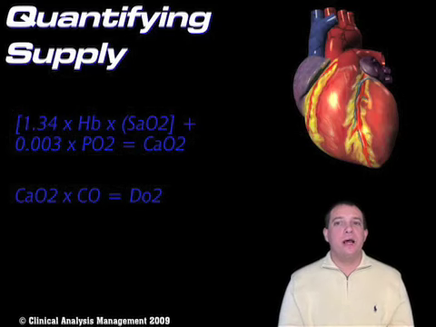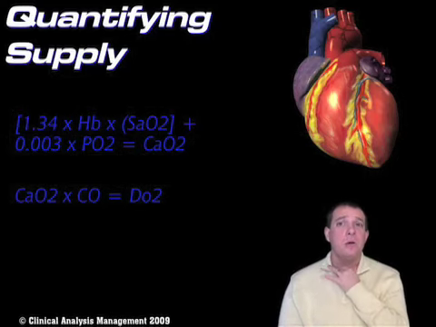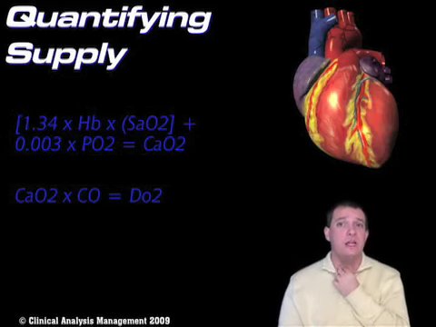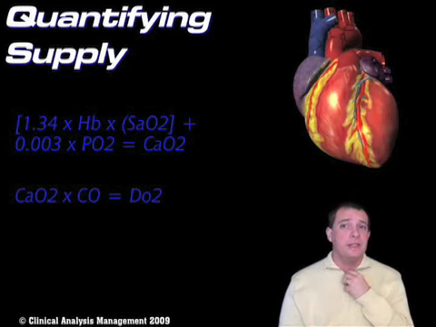Now, this formula actually looks kind of bulky, and there's a way we can simplify it. Let's go back and look at the CaO2 again. We said the CaO2 was 1.34 times the hemoglobin times the SaO2 plus 0.003 times the PaO2.